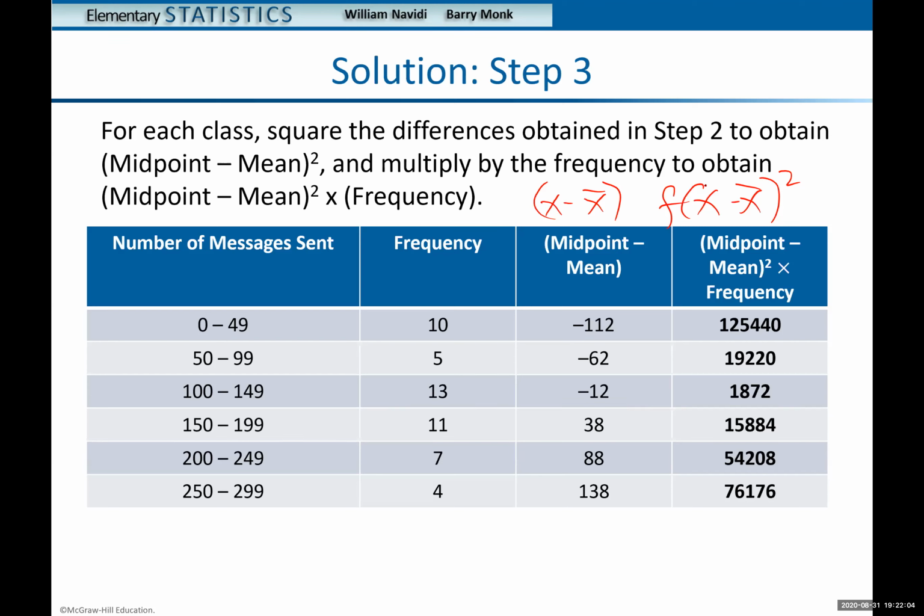So meaning you multiply this 10 times the square of this, 5 times the square of this to get this, 13 times the square of this to get 1872, and so on and so forth. And then you're going to get the summation of all these numbers to compute for the standard deviation.